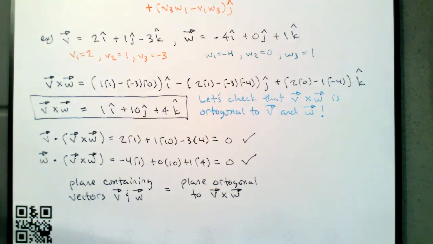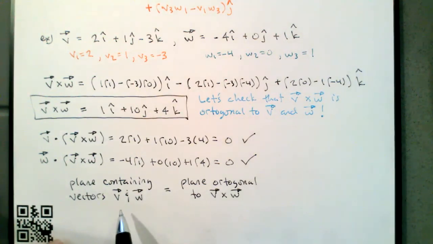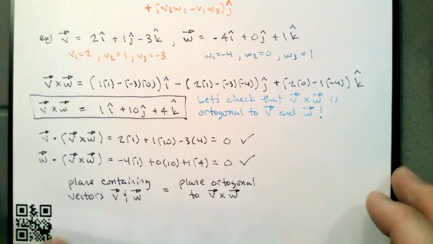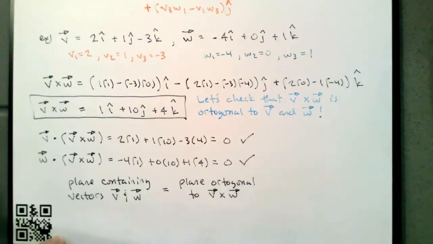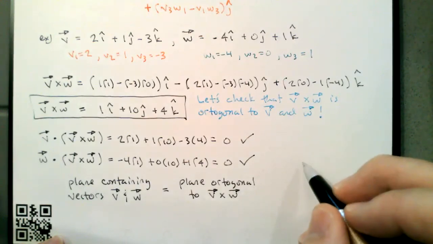So when we're describing a plane, I can think about the plane containing two vectors. So if I imagine a plane that contains the vectors v and w, let's suppose that that's this piece of paper that we're drawing on. So I draw the vector v and the vector w.